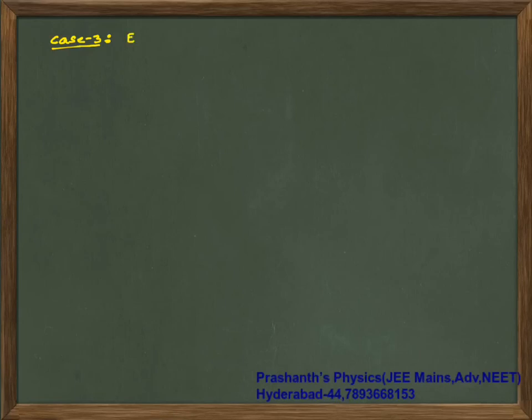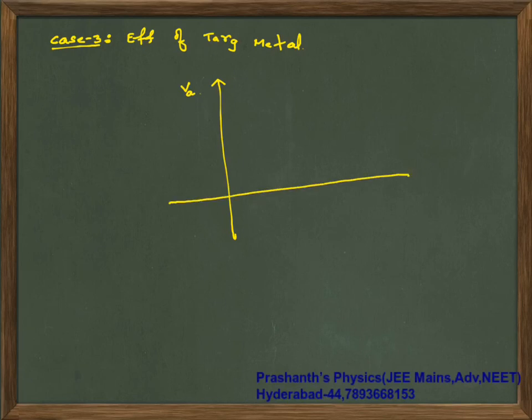So for the effect of target metal, if you keep your accelerating potential or stopping potential at that point, and your frequency here. In the books it will be some new symbol.